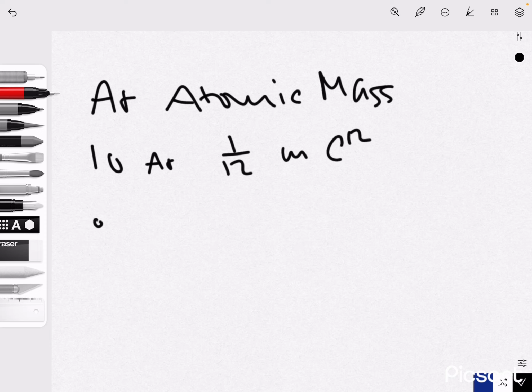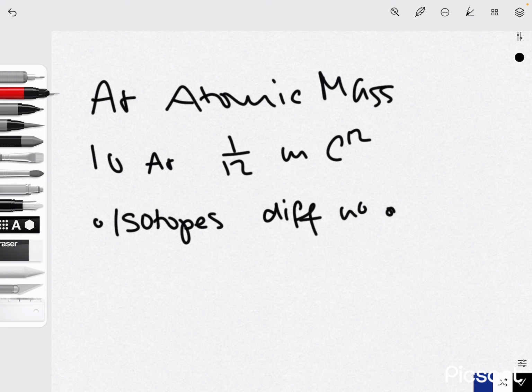Something we need to keep in mind is that isotopes of elements will have different atomic masses as a result of their different number of neutrons.